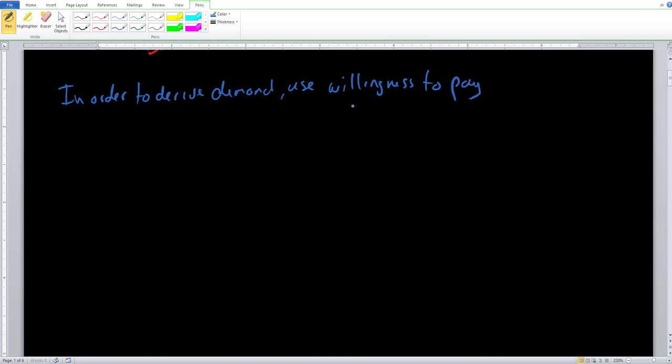Willingness to pay is basically our idea of what consumers or demanders value a particular good at.